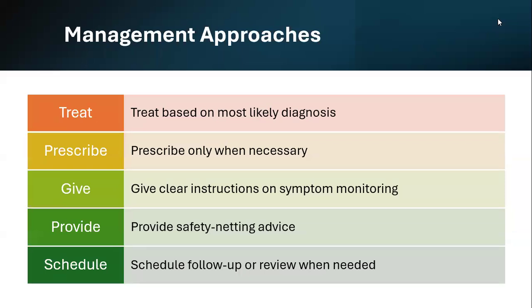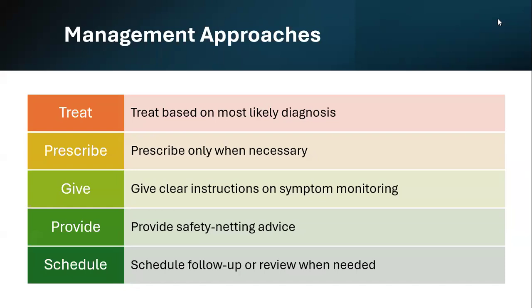But you should give clear instructions on symptom monitoring to the patient, because these are ambulatory patients. They'll go home and they will think about the new symptoms that are appearing when it comes to acute illness. So you should always give clear instructions on what symptoms can come next, and also about symptom monitoring.